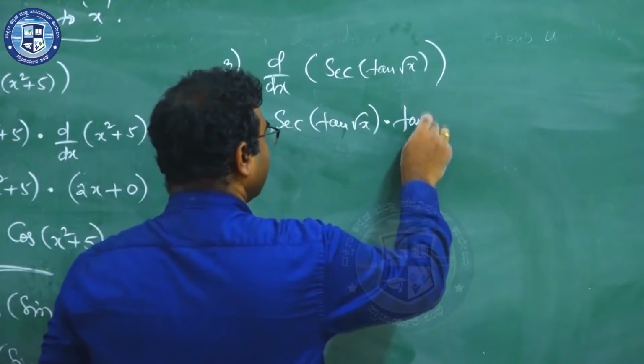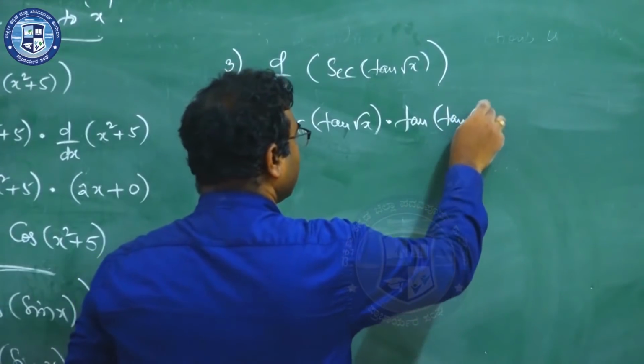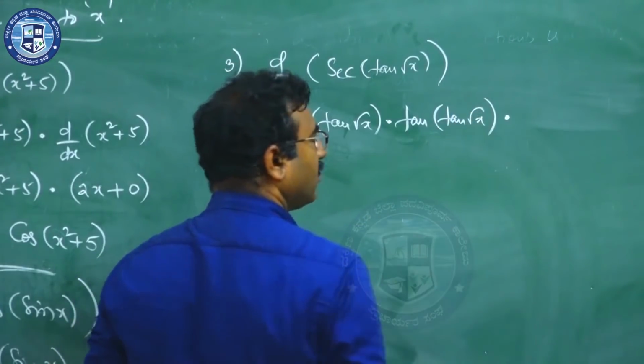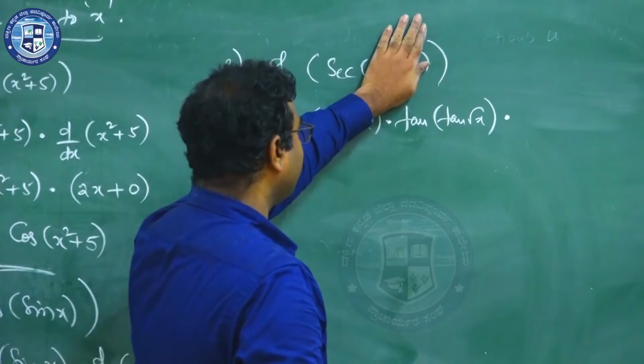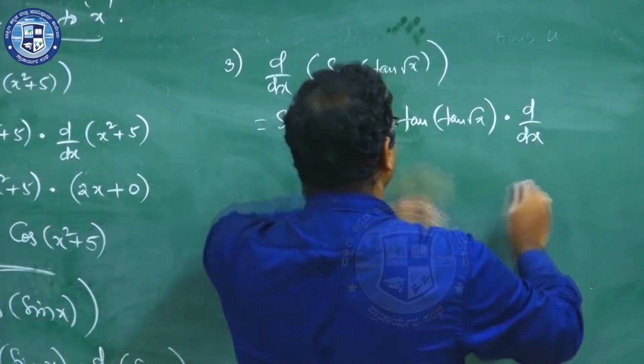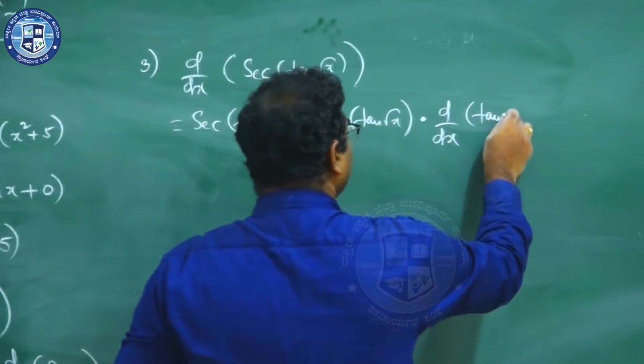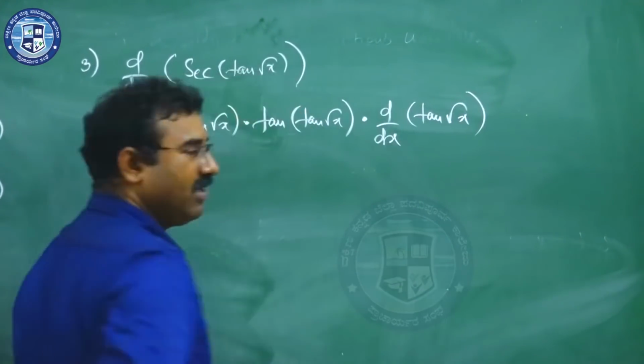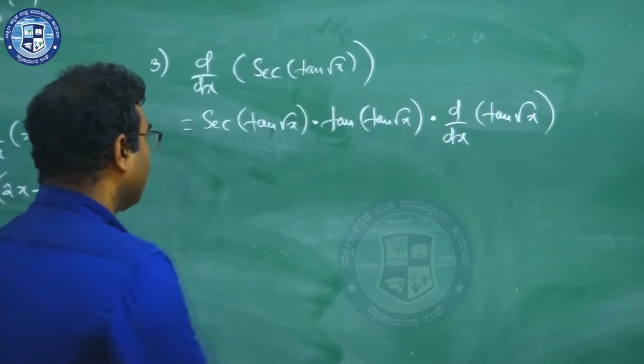into tan x, tan of tan root x, into, because it is not x, no, it is a derivative you need to consider. So, d by dx of tan root x.